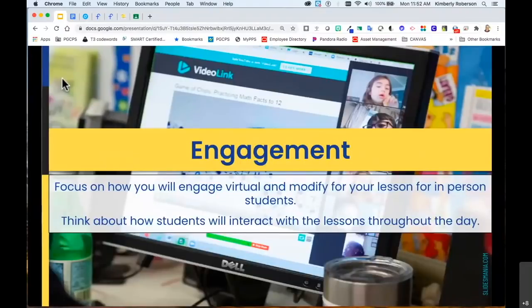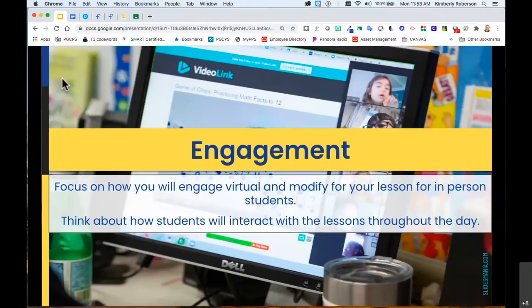Keeping students engaged will be very important in a hybrid environment. We want to ensure that all students, whether in person or virtual, feel connected to the classroom. During virtual learning, you probably used various strategies to keep your students engaged with learning. Continue to use the activities that worked for you and your learners, and consider any adjustments that may be needed as you move to hybrid.